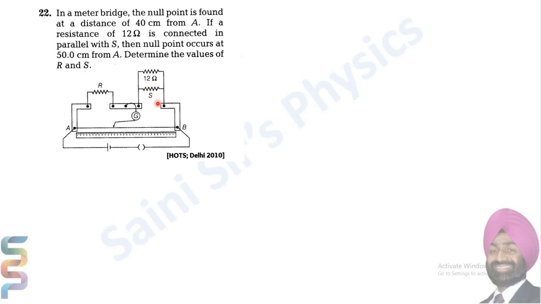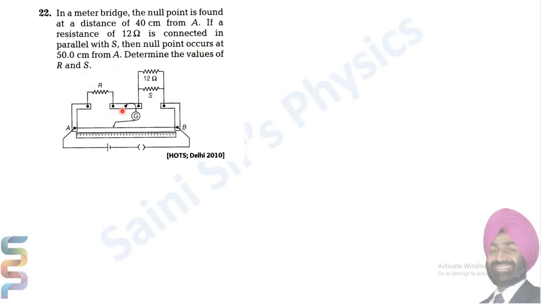Shunt means our resistance is connected in parallel. So the question is, if the unknown resistance S is connected across a 12 ohm additional resistance, then the balance point occurs at 50 centimeter from point A. Determine the values of R and S.